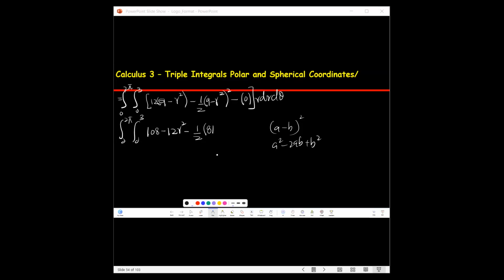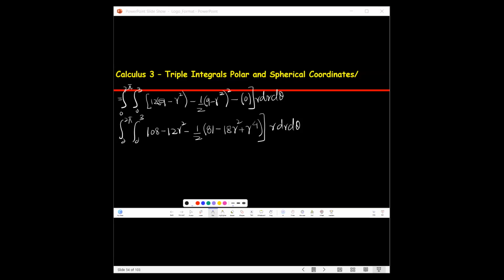So 81 minus 18, 9 times 2 is 18, r squared because we have a square, and then b squared means r squared squared, which is r to the 4. Close, and then I'm going to erase this. This is just for reference. Now I'm going to write outside r dr d theta.